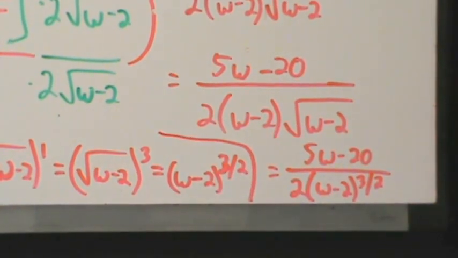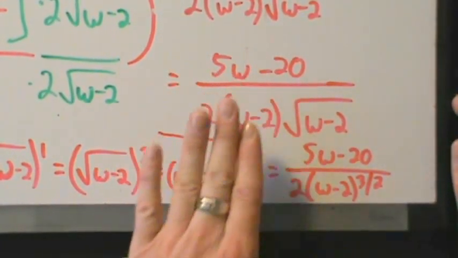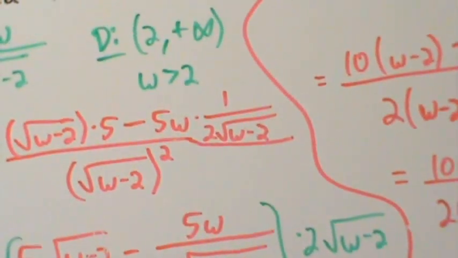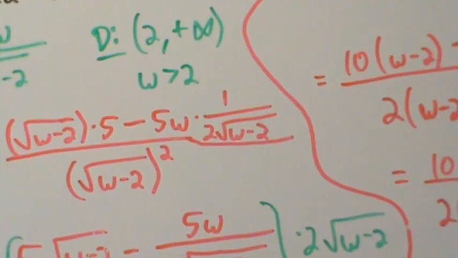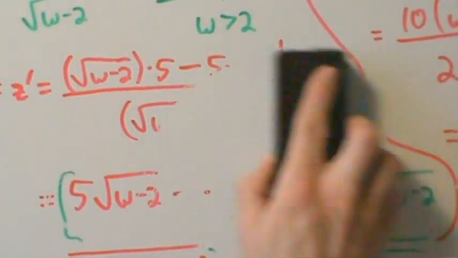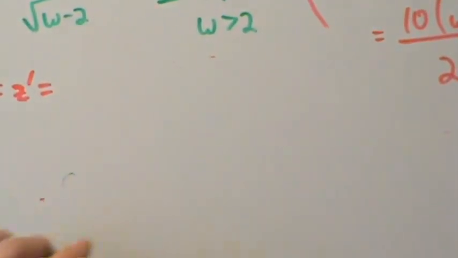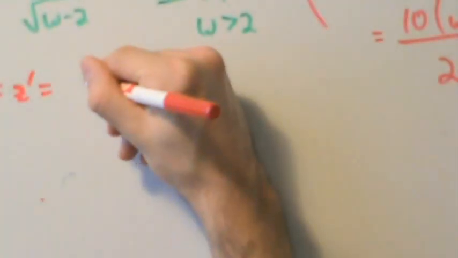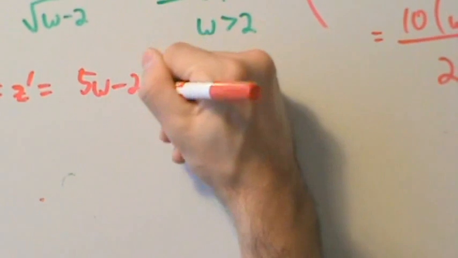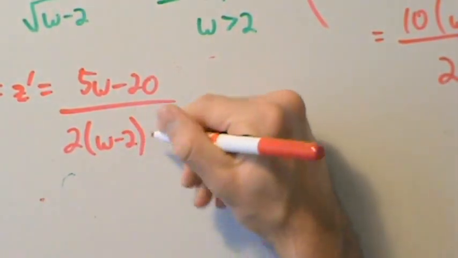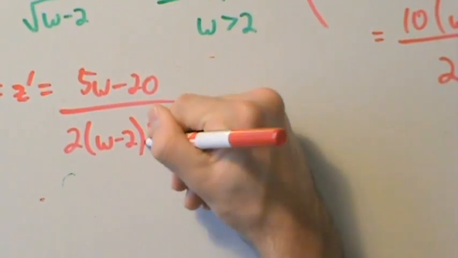But anyway, this is our derivative here. So let's keep it with this form: 5w minus 20 over 2 times this mess here. So let's get rid of all this and just put that over here. So this is 5w minus 20 over 2 times w minus 2 times root w minus 2.